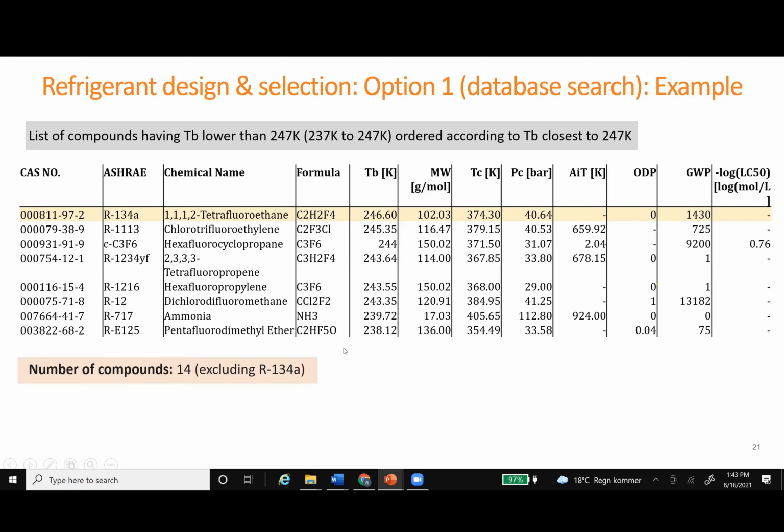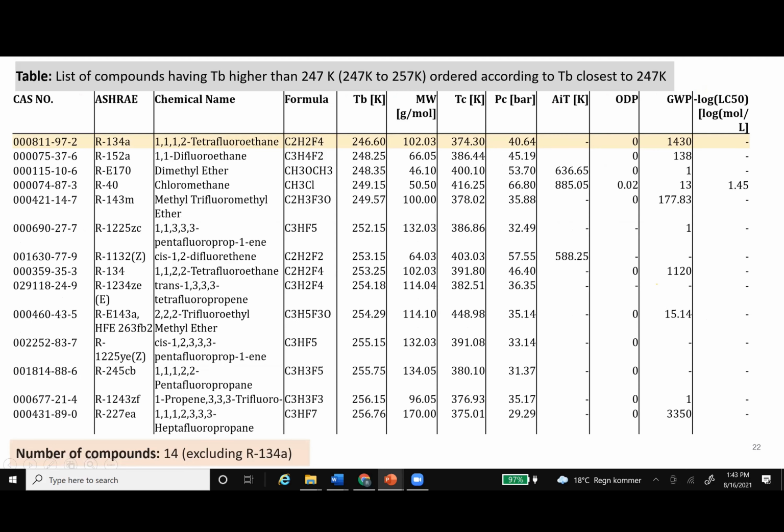So immediately by searching in the database, we can find compounds that have close but lower boiling than a target value. And in the other direction, it will be more because there are more compounds with higher boiling point than lower boiling point. And we can see here that there are more molecules, again within plus minus 10 degrees.